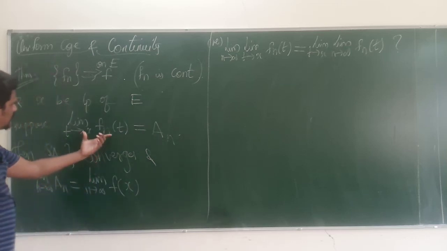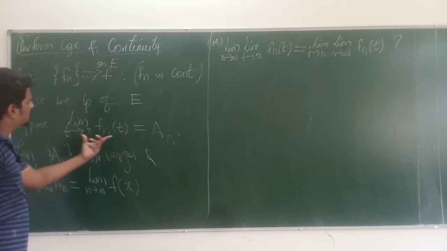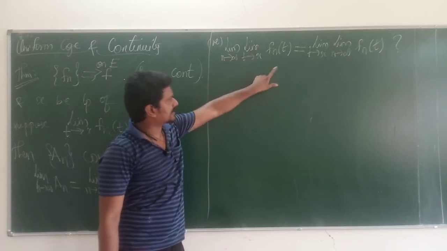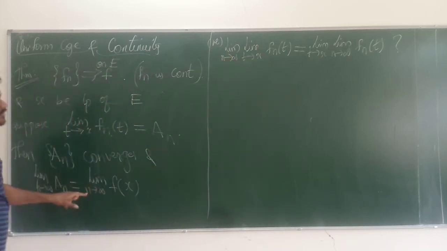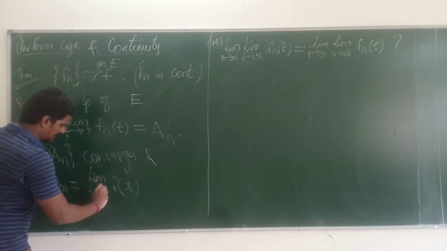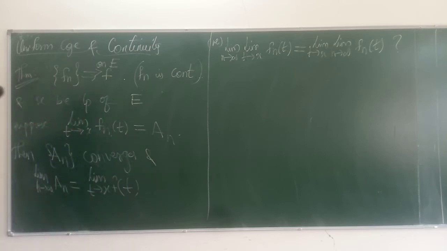Given that limit t goes to x of fn(t) is an, so limit n goes to infinity of an is nothing but limit t goes to x of f(t). Okay.